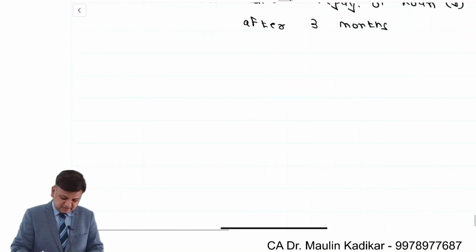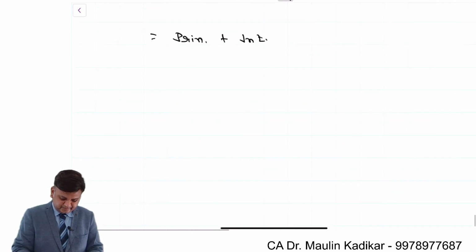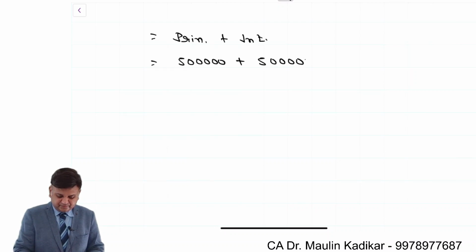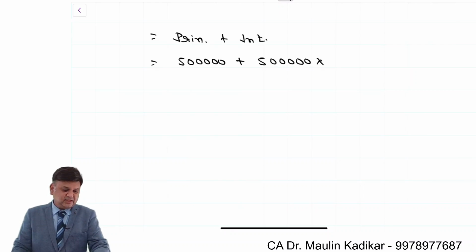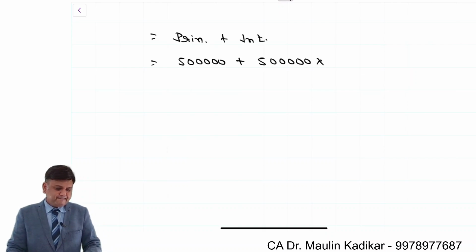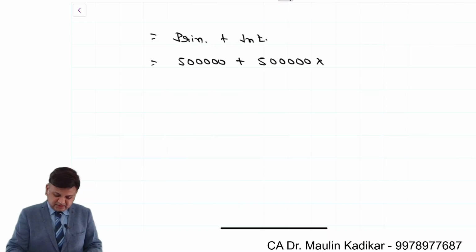It will be found like this: principal plus interest. 5 lakhs plus 5 lakhs into the rate of interest, which is 4%, and the time period is 3 months.